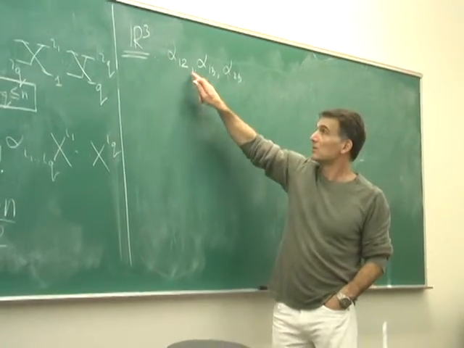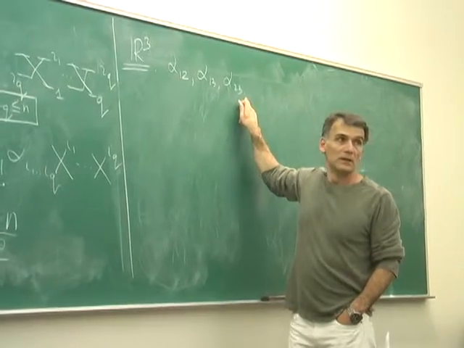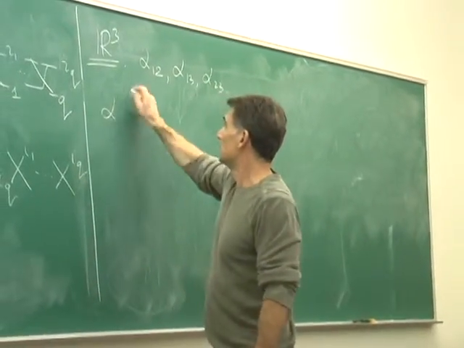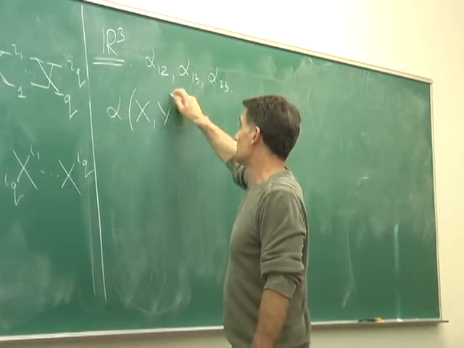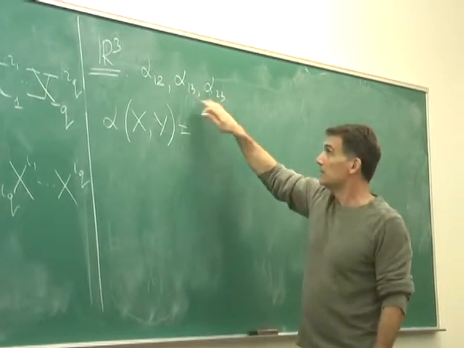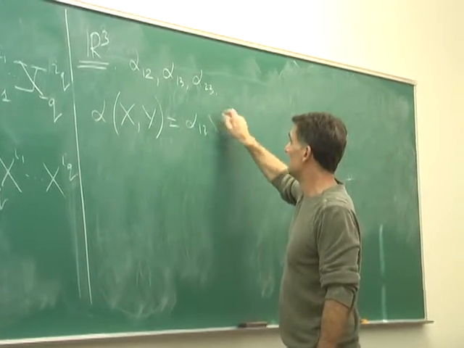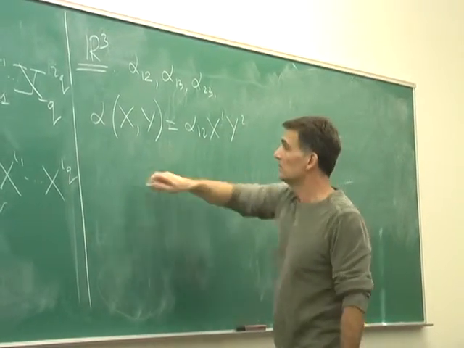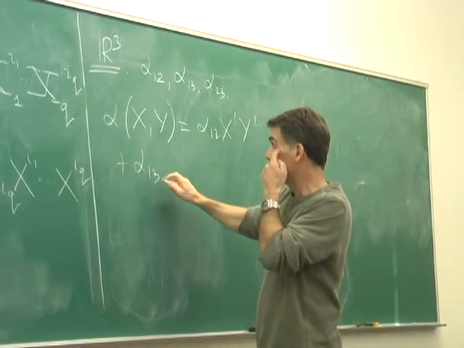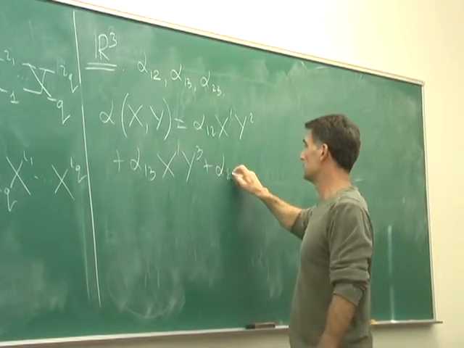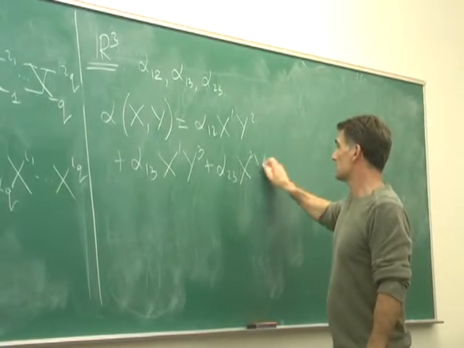You see that I wrote them in increasing order. Therefore, when you have something like alpha(x, y), you'll have alpha 1 2 x1 y2, plus alpha 1 3 x1 y3, plus alpha 2 3 x2 y3.